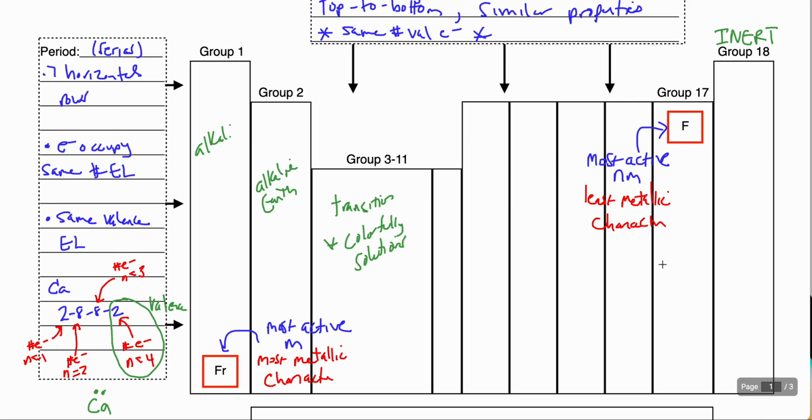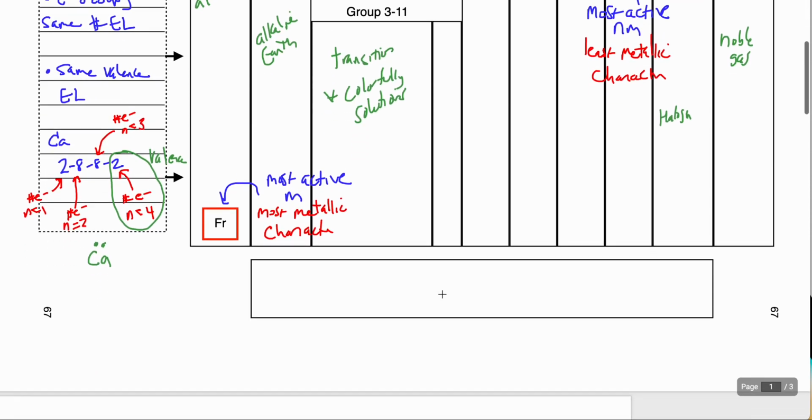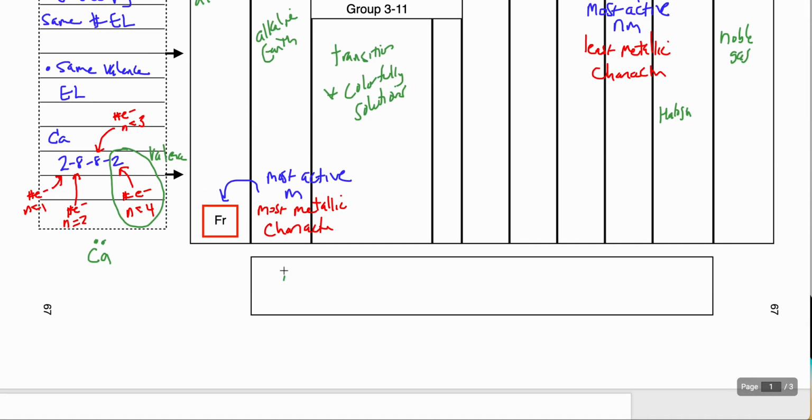Over to group 17, I'll write the word halogen. Group 18, I'll write noble gas. And then the little box down at the bottom, I'll write my inner transition. And I'll write myself a note. Some of them are man-made.